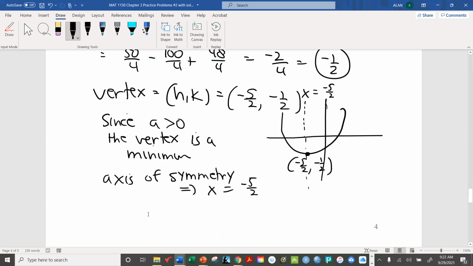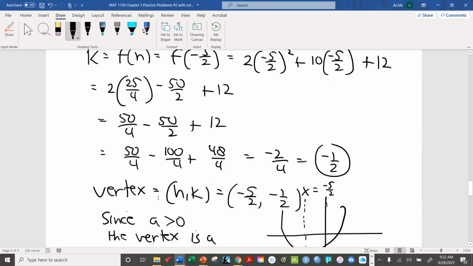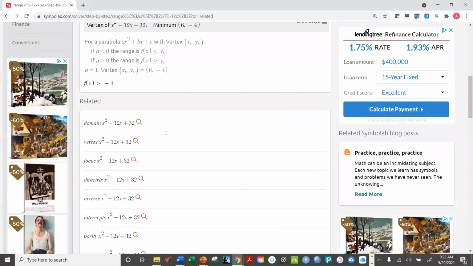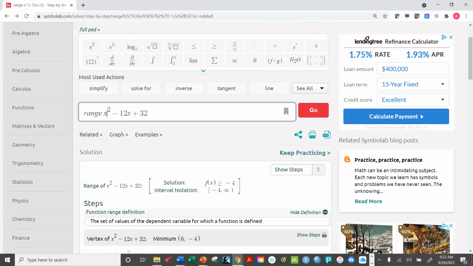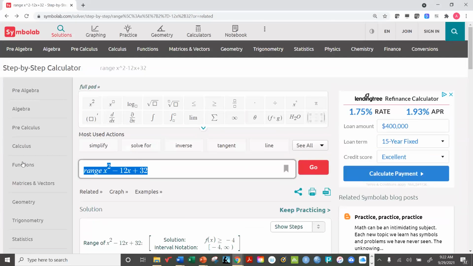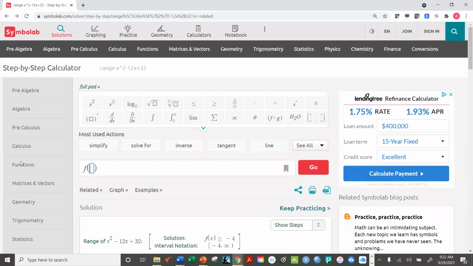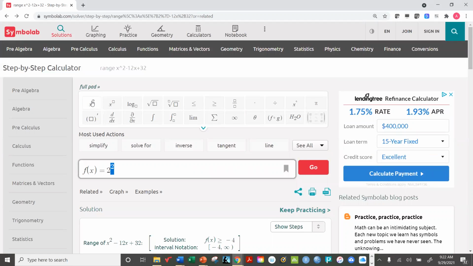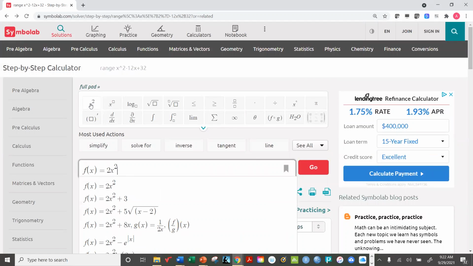Okay. And again, if you want to check out Symbol Lab, just to confirm this, what the heck, let's do it. 2x squared plus 10x plus 12.